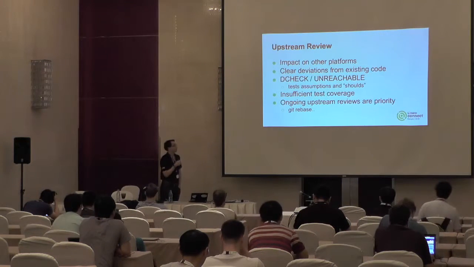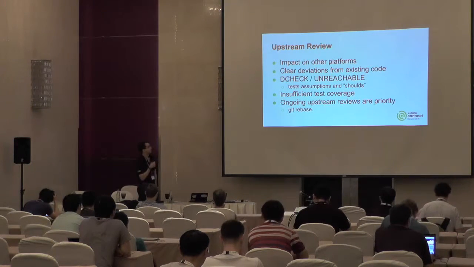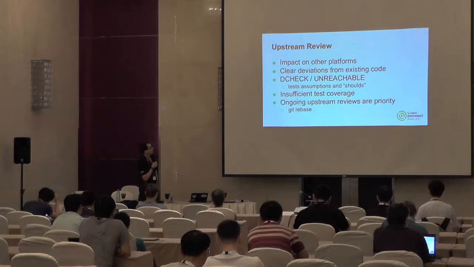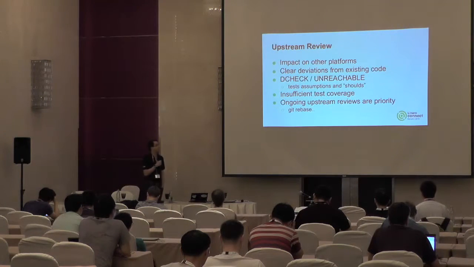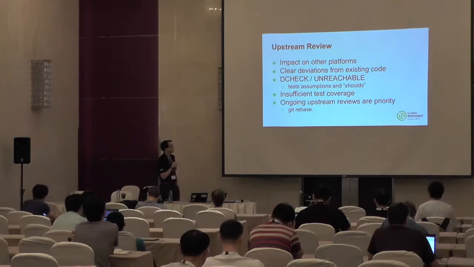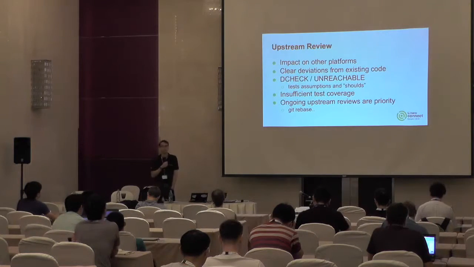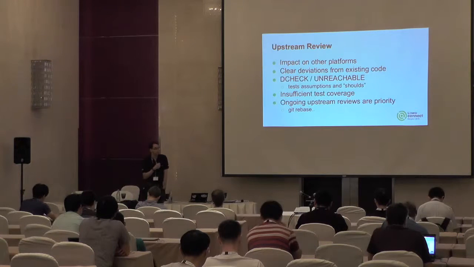I think most of my patches I've upstreamed have had comments about adding one or both of those. So have a look at how those macros work and see where you can use them yourself. Insufficient test coverage is often picked up. If there's no ART test or IR checker test that specifically covers your patch, you could be asked to add one.